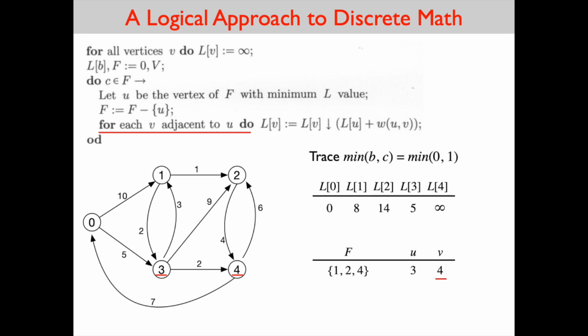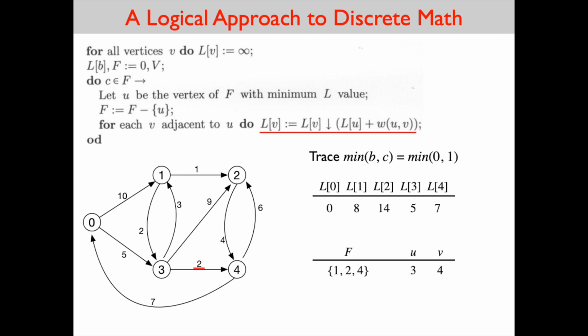It's infinity, a very big number. So the minimum of infinity and L sub u plus w of u comma v. Well, what is L sub u? Well, u is 3. The current value of L sub 3 is 5. 5 plus 2 is 7. 7 is less than infinity. And consequently, as shown in this slide, L sub 4 gets 7 as a result of that assignment statement.